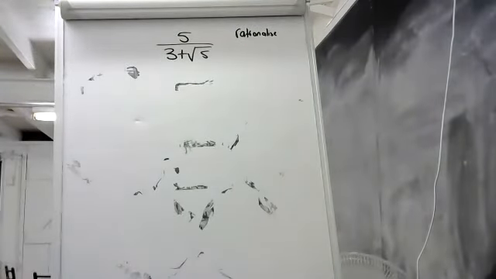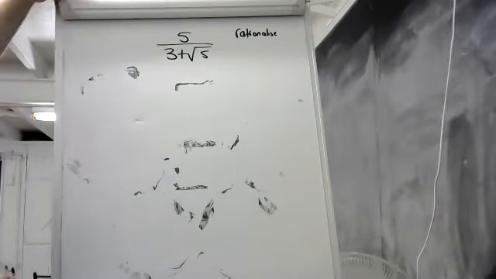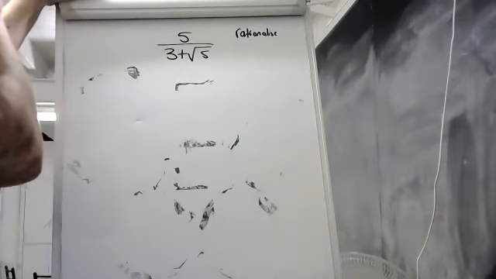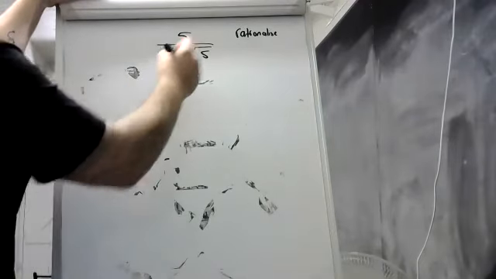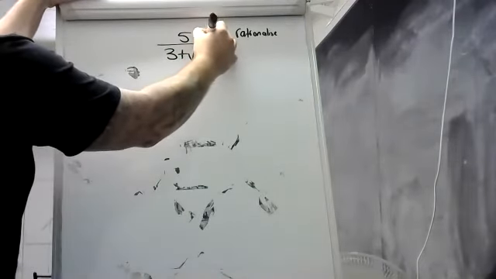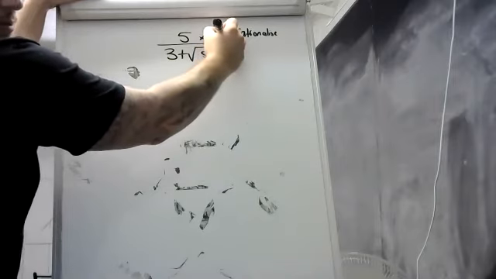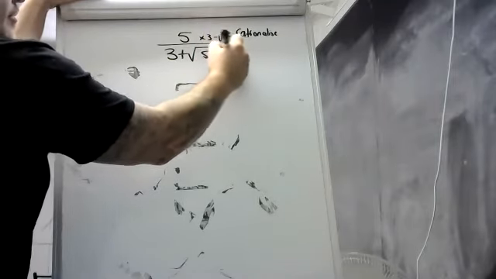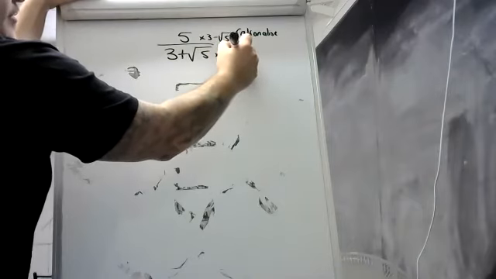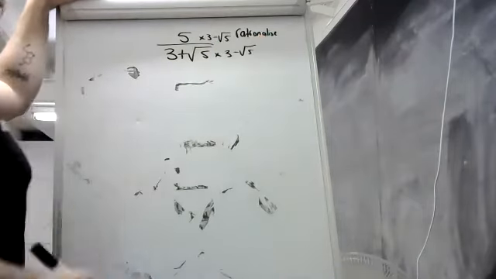Do the square roots cancel out each other? Should do, yeah. Okay. So then we would basically times both sides by 3 minus square root of 5.